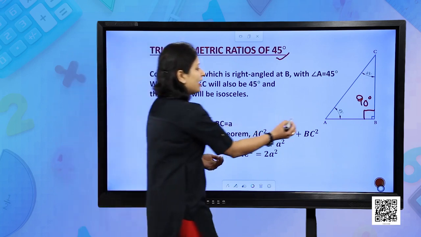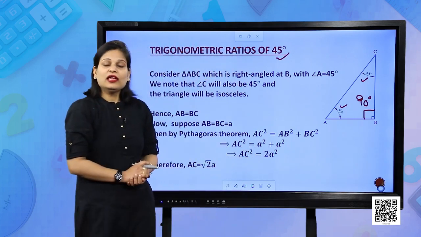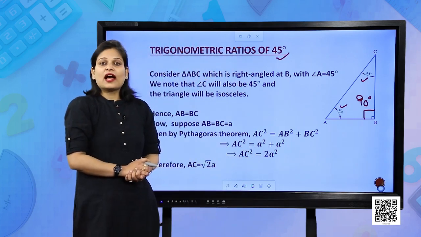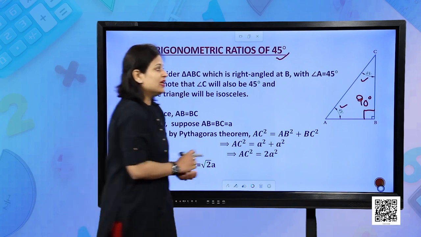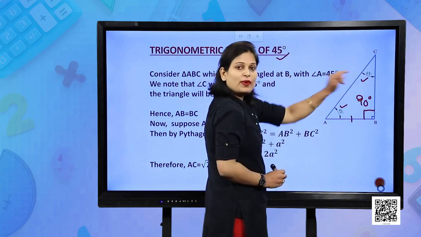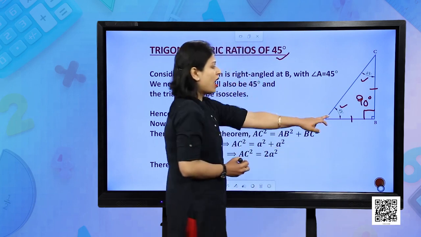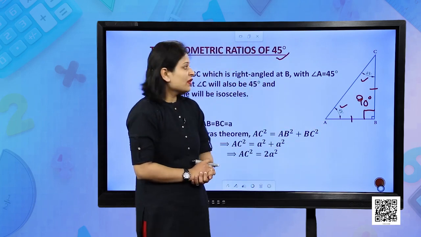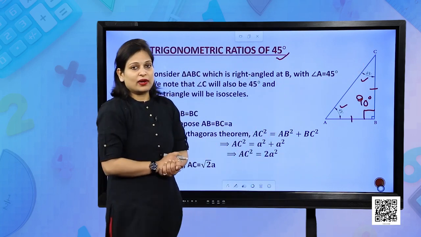Now, angle A and angle C both are equal. So, sides opposite to equal angles are equal. Means what? AB is the side opposite to angle C and BC is the side opposite to angle A. So, AB and BC both are equal.